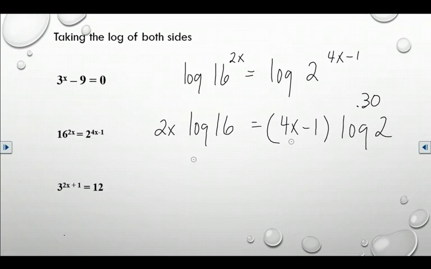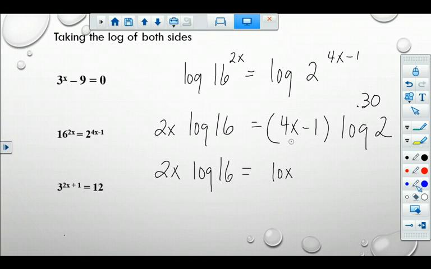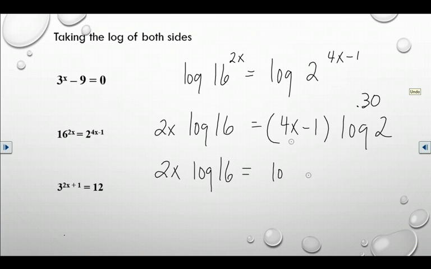2x times the log of 16 is equal to log of 2 times 4x minus log of 2.